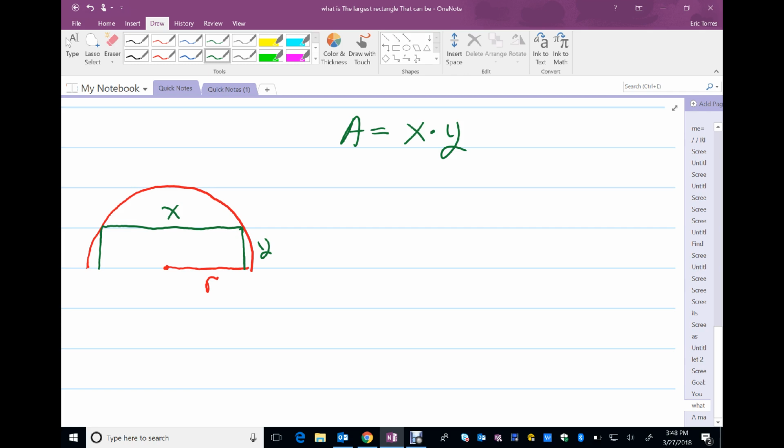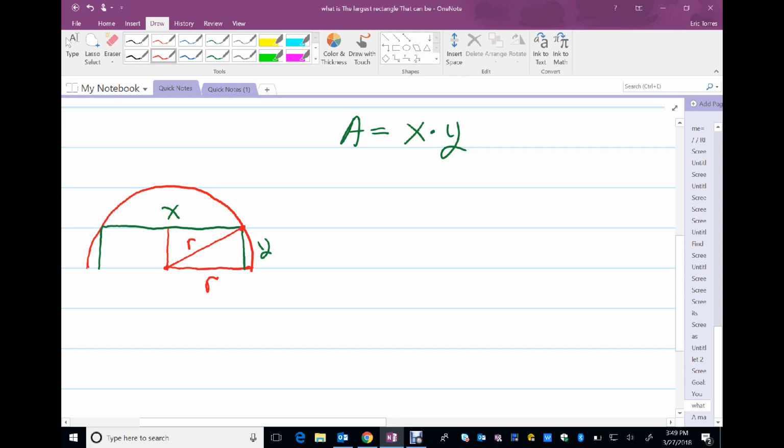Well, what I know is if I connect this straight up and down, because this is halfway through the circle, I get a 90-degree angle there, I get one box, or one half. And if I connect from the center to any point on the edge, specifically where the rectangle touches, that must be a length of r.